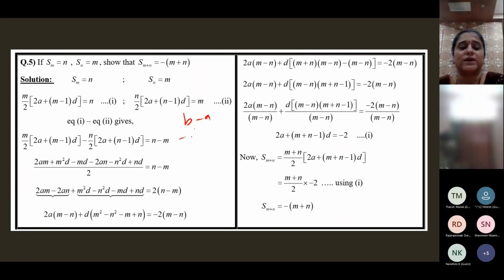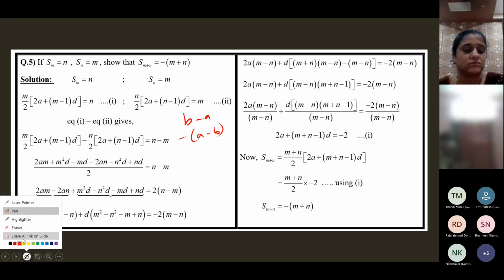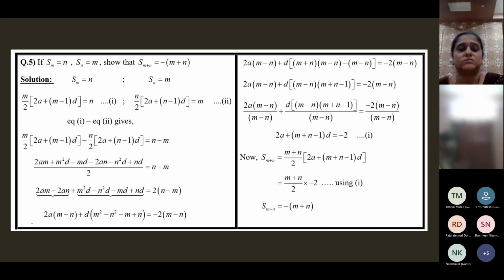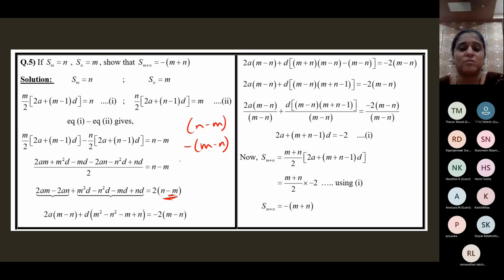So here n minus m, children, we write as minus of m minus n. Okay, there's a 2 there, so minus 2 into m minus n. So see, this becomes m minus n, and that minus here, minus 2.